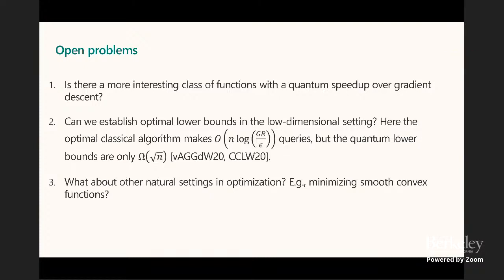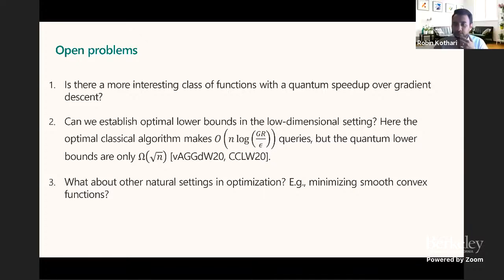Would it extend also straightforwardly to the more general projected gradient descent to any kinds of convex constraints? Yeah, this I'm not totally sure.